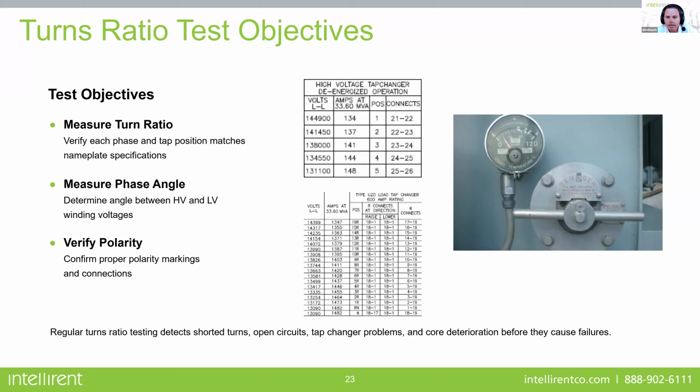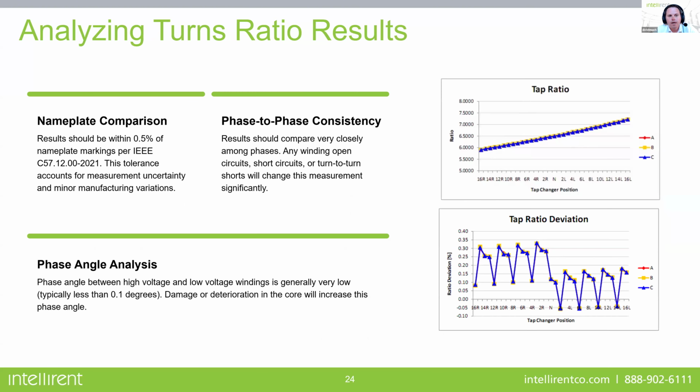The LTC, load tap changer, is the one where it moves as it's online, and we need to test every tap for that for sure. And IEEE will have it for a 0.5% tolerance between nameplate and your results.